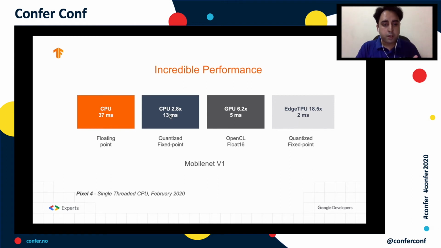Similarly, if this model is quantized fixed point and it runs on the same CPU, the performance will be 13 milliseconds. And in GPU, it's 5 milliseconds. And in these Edge TPU devices, which I'll talk about very shortly, the inference time is just 2 milliseconds. As you can see, a significant improvement in performance in this current version of TensorFlow Lite.